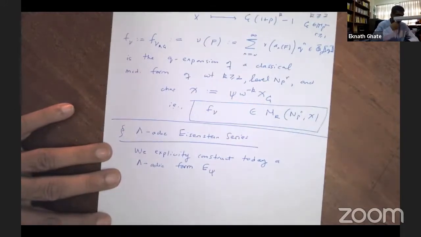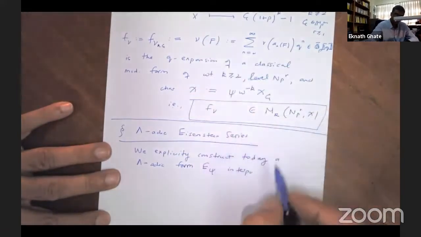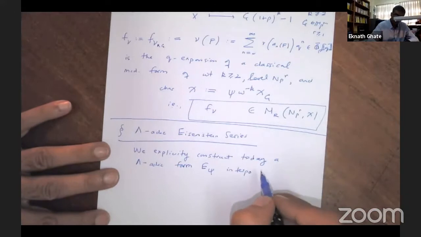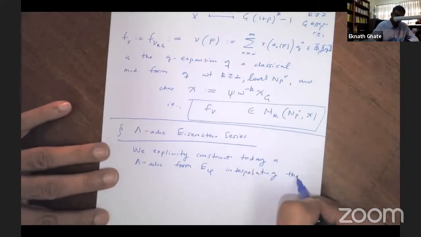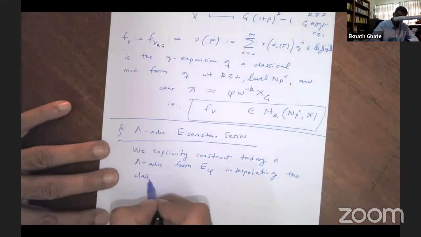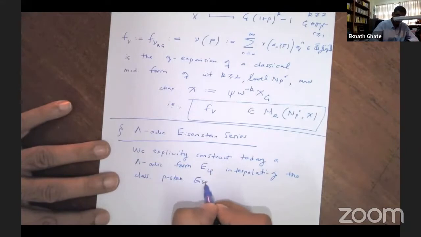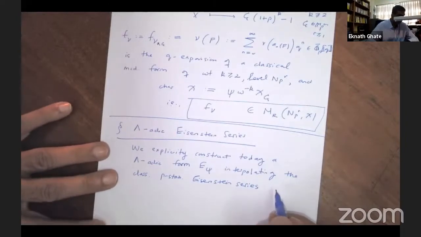Psi was that tame character. This is an interpolation. So under specialization, you get some modular forms. That's like an interpolation of all those modular forms. Interpolating the classical Eisenstein series, the p-stabilized Eisenstein series, which I recalled at the beginning of this lecture today. We went through them yesterday in more detail.